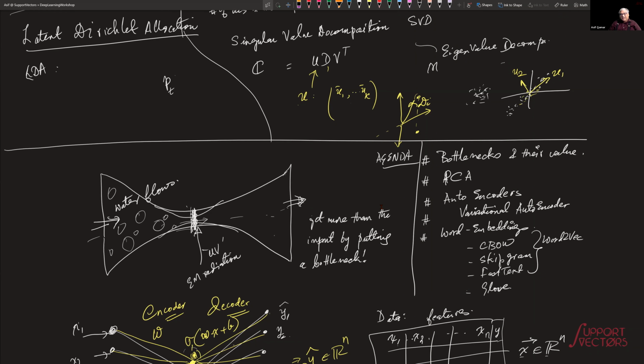For example, today we are going to talk about something called word embeddings. It turns out that they are mostly linear. The sort of bottleneck you create is through a linear transform, a matrix multiplication. And you don't apply an activation function in the hidden layer at all. So it's the input layer, the hidden layer, the output layer.